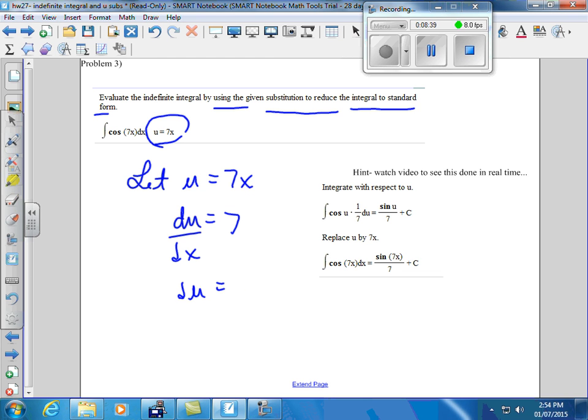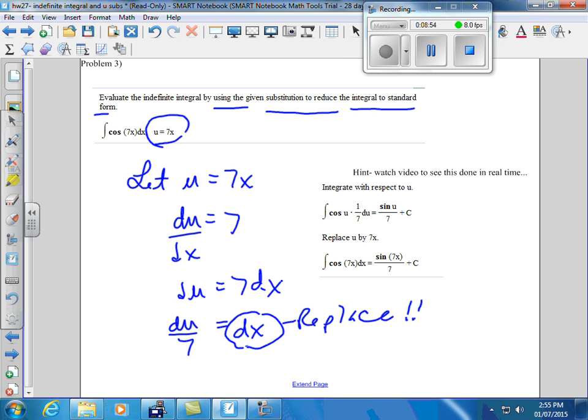Therefore, du will equal 7 dx. Therefore, dx would be du over 7. So we can replace dx in the original integral with du over 7.